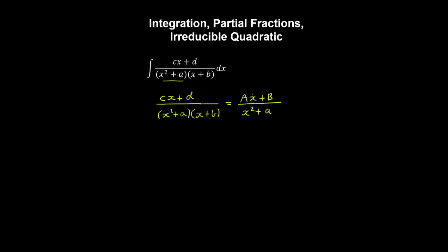So as you can see, the degree of the polynomial in the numerator is still smaller than that in the denominator. And then for the distinct linear factor, we add another constant on x plus b.